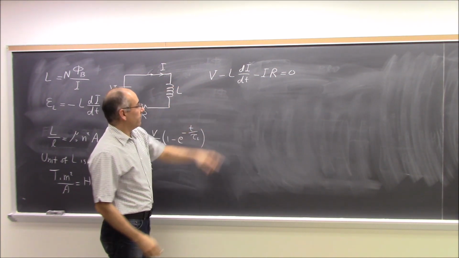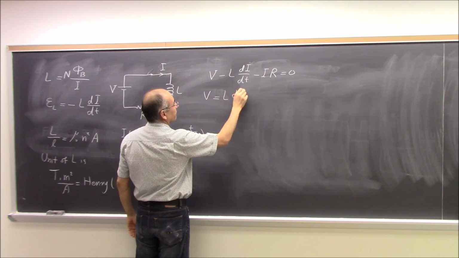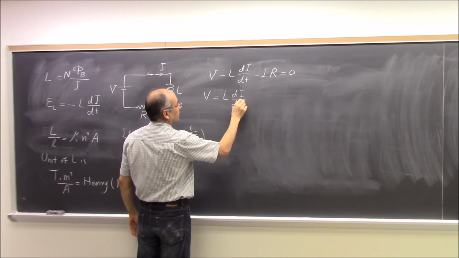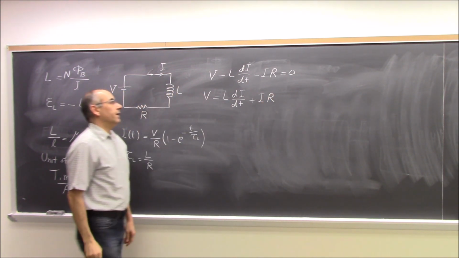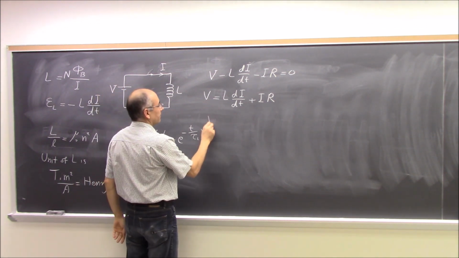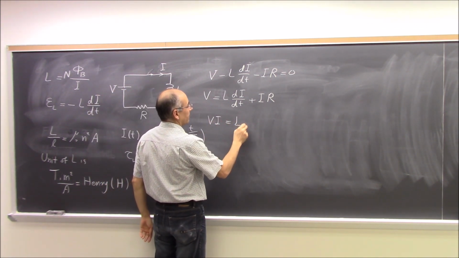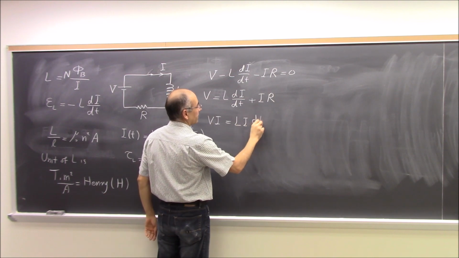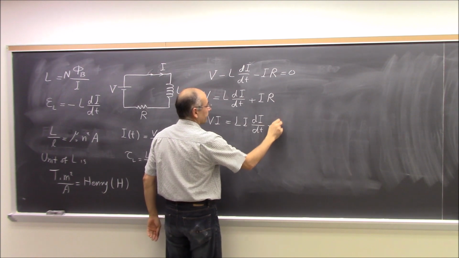You can move this over, V equals L di over dt plus IR. And then if you multiply this by I, see what we can say about that. VI is equal to L I di over dt plus I squared R.